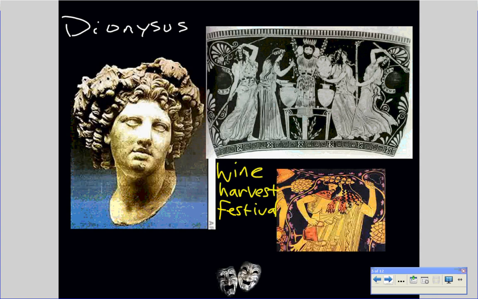The god of the time in which you have plenty of food and drink, at which you have just harvested everything. Everybody's living in plenty. This is not the winter time where everything is scarce. So Dionysus is the god of this time, and basically the god of plenty, the god of the party, if you will. Anybody know the Roman name? Bacchus is the name of the same god in Roman mythology.